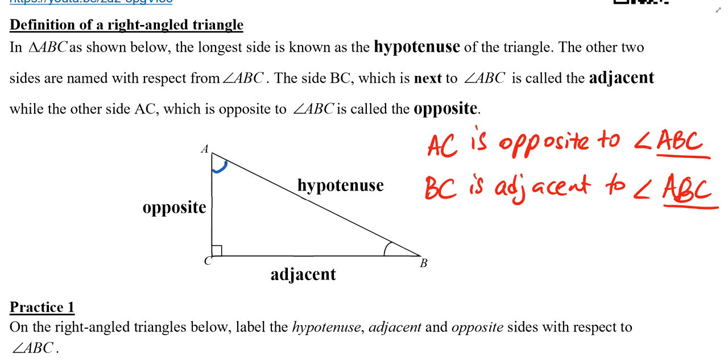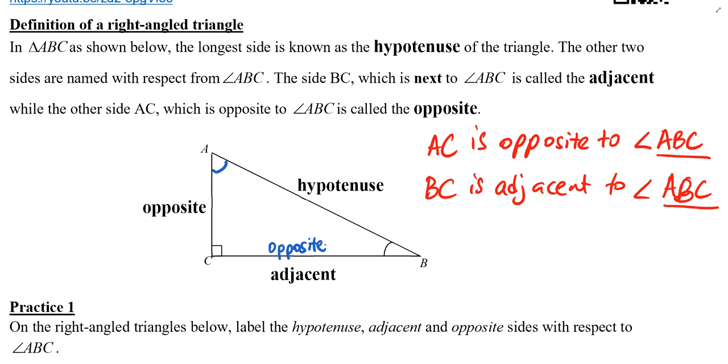BC, excellent. So for the blue color, this is my opposite. Now can you see why students may be confused? The same side, BC, sometimes it is known as adjacent, sometimes it is known as opposite. It depends on which angle you are using as a reference.